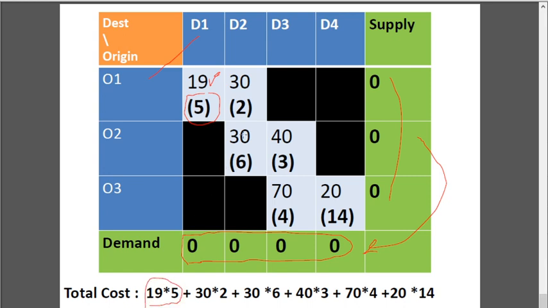Similarly, for the next allocation, transportation cost would be 2 units into 30 unit cost. Likewise, add up all the transportation cost occurred for each allocation and this would give you the total transportation cost occurred for the given problem.